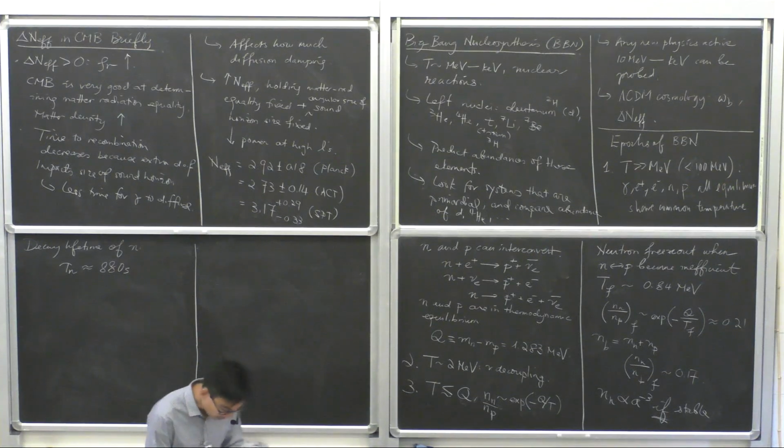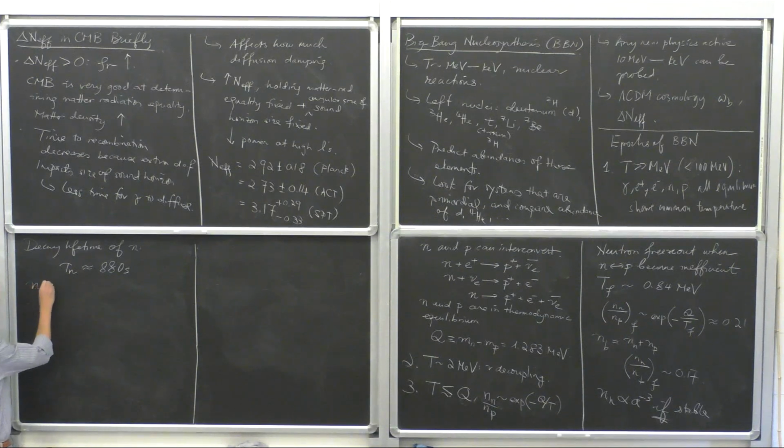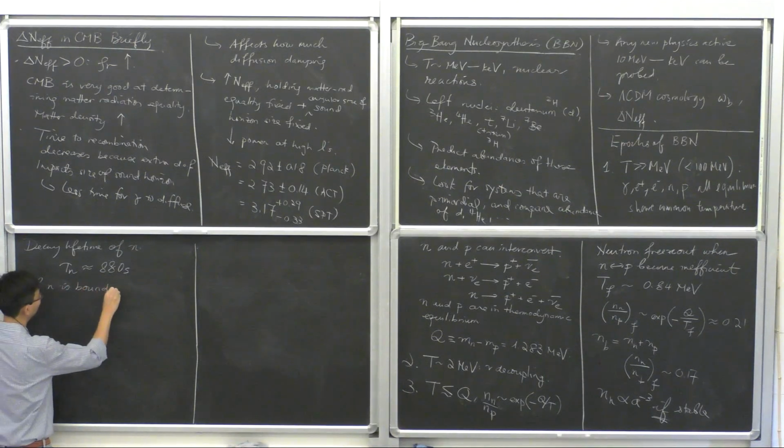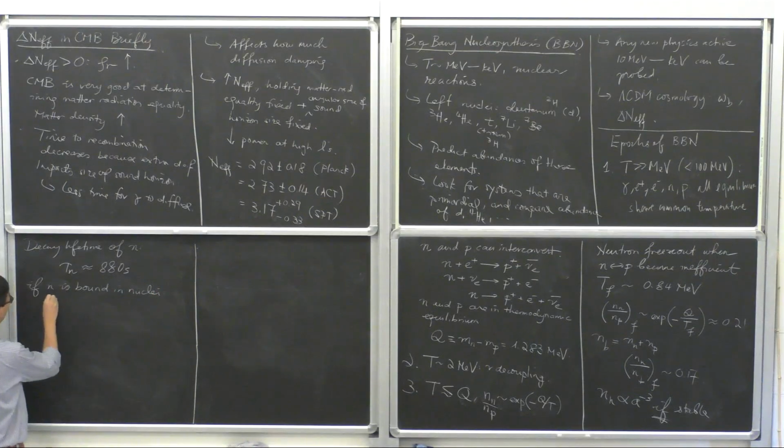So what happened? Well, the interesting thing is that if neutrons get bound up in nuclei, then that's fine. You get stable nuclei.